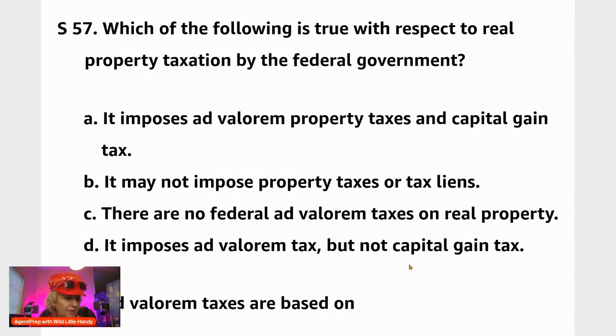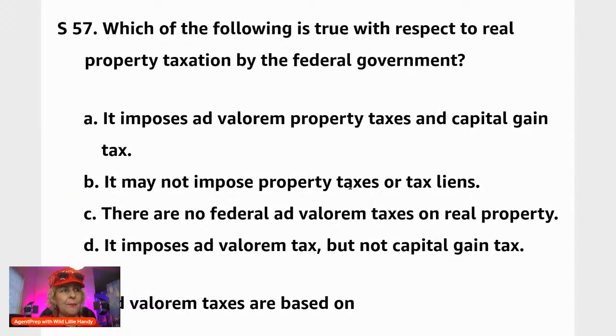Okay, number 57. Which of the following is true with respect to real property taxation by the federal government? So this applies nationally. A, it imposes ad valorem property taxes and capital gain tax.